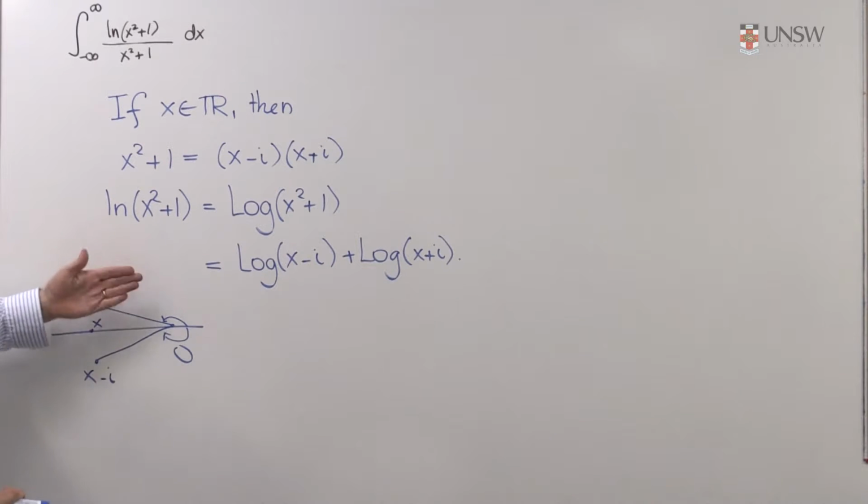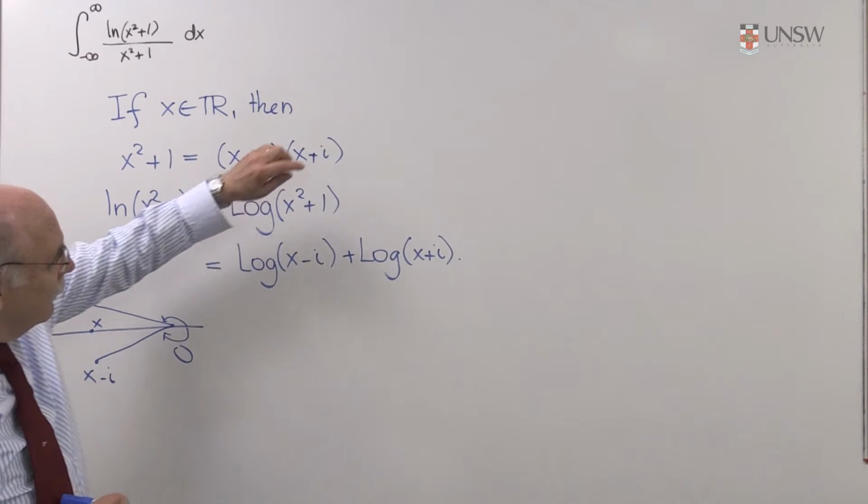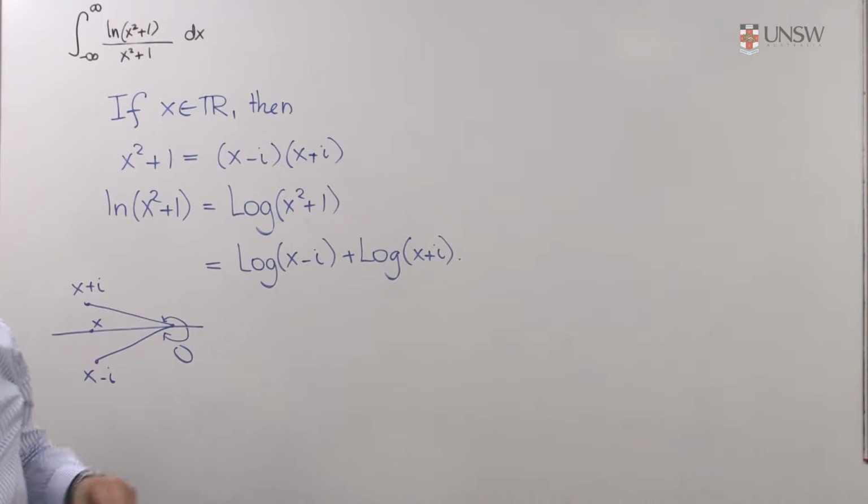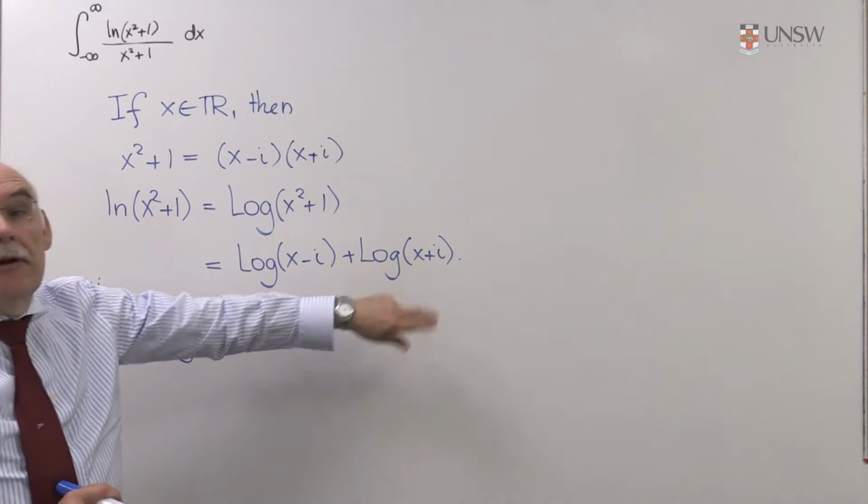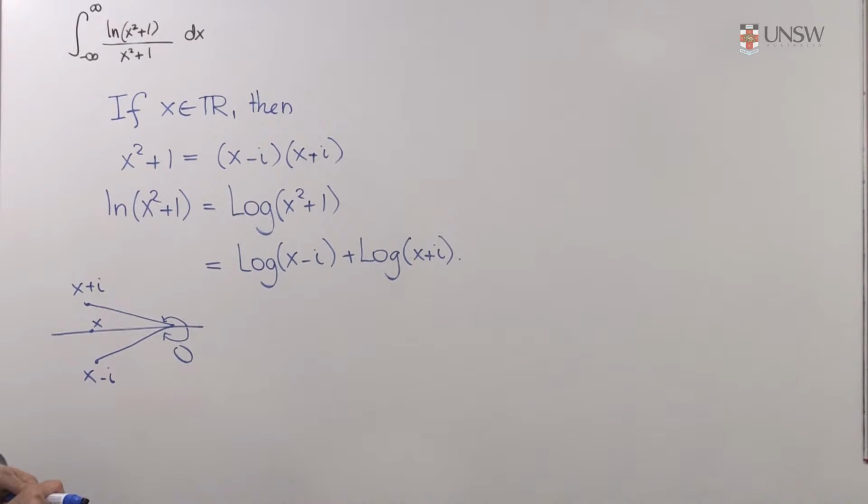This is obviously a symmetrical situation, and so the arg parts of the logs cancel out.